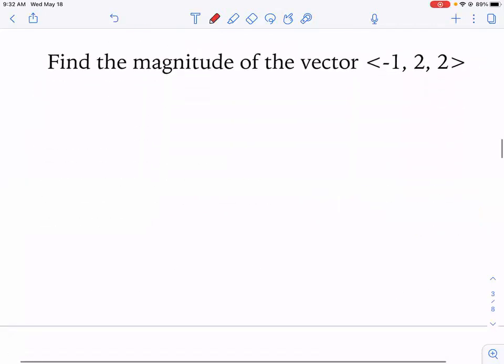All right, we're gonna find the magnitude of this vector right here. So write it down.